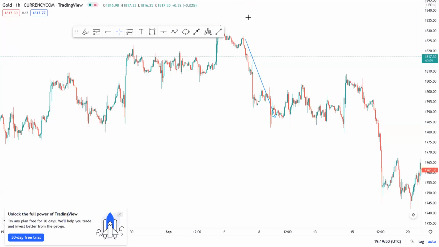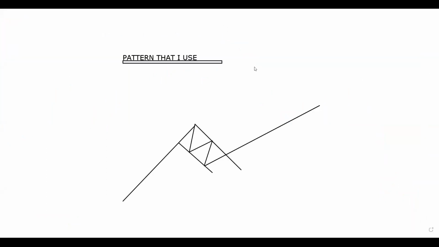So now let's go to third touch theory. What I'm trying to give you here is the third touch theory.